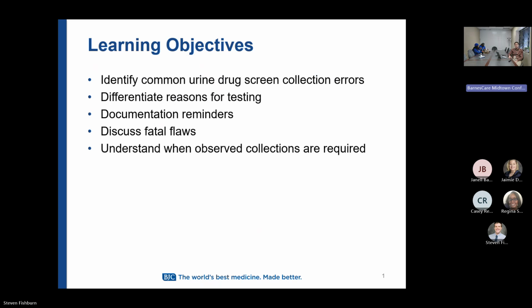I'm going to discuss the fatal flaws that can be problematic in drug screen collection. And then we're going to talk briefly about when observed collections are required. If you have questions, you can put them in the chat if you can't unmute yourself. We'll check that at the end.